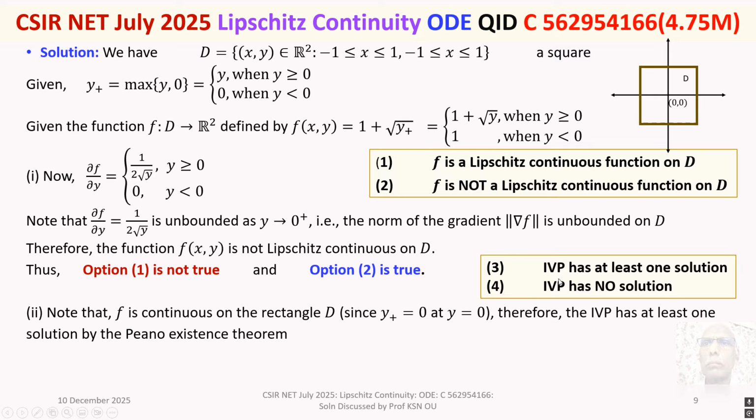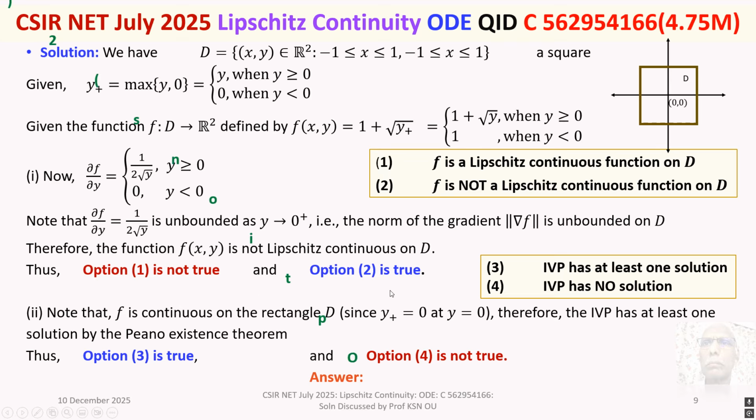So, the statement that the initial value problem has at least one solution is true. Option 3 is true. Option 4 is false. Right. Combining all the options, the answer to this question is options 2 and 3.